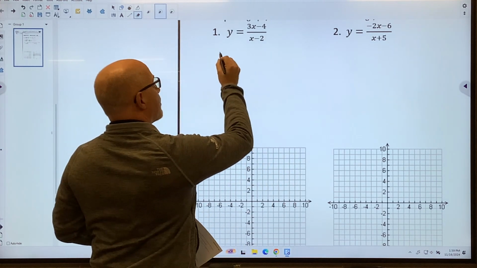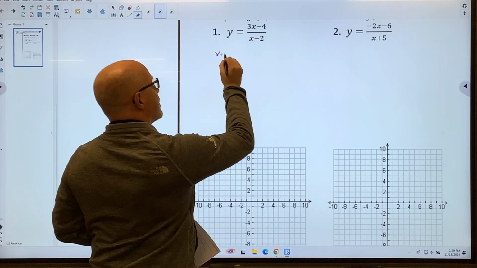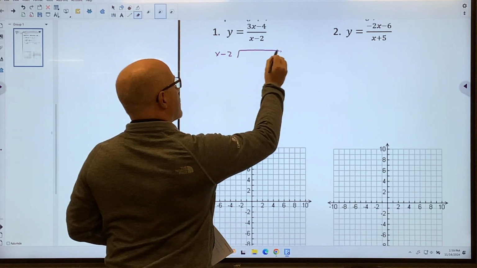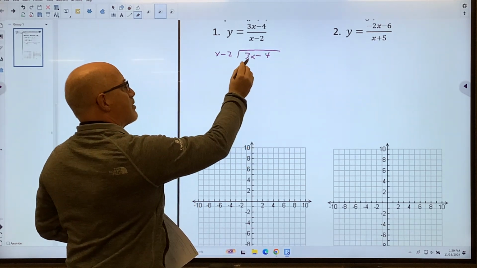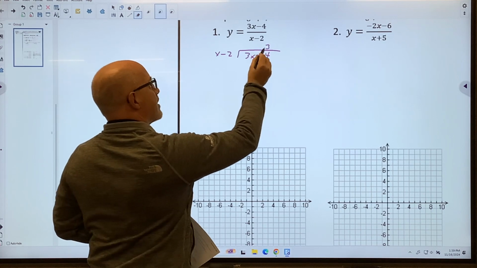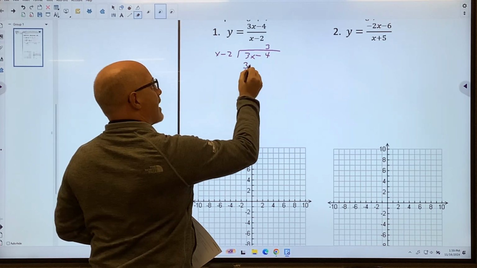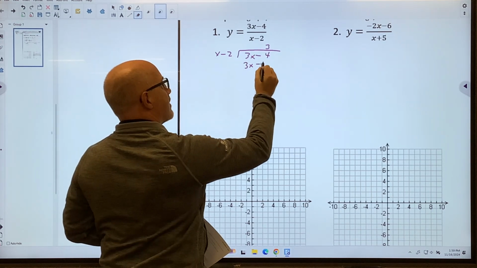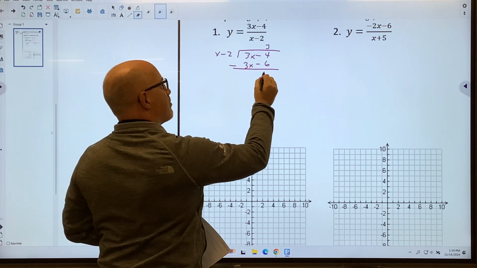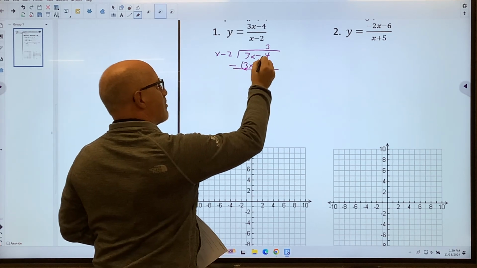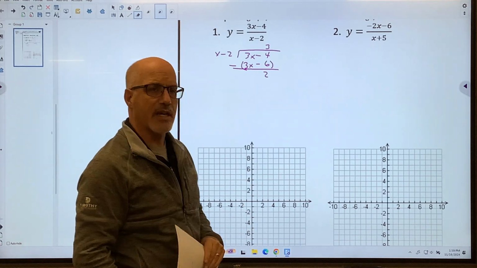So for this one, it will be x minus 2 divided into 3x minus 4. x times 3 gives me 3x. So 3 times x is 3x, and 3 times negative 2 is negative 6. I'm going to subtract, and when I subtract, I get a positive 2 from negative 4 minus a negative 6.